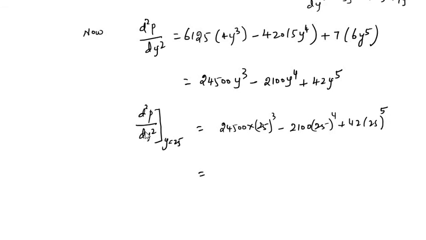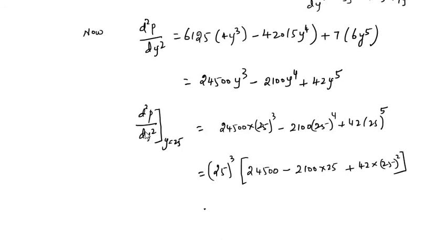If I take 25 the whole cube as common from all this, I will be getting 24,500 minus 2,100 into 25 plus 42 into 25 the whole square, right?